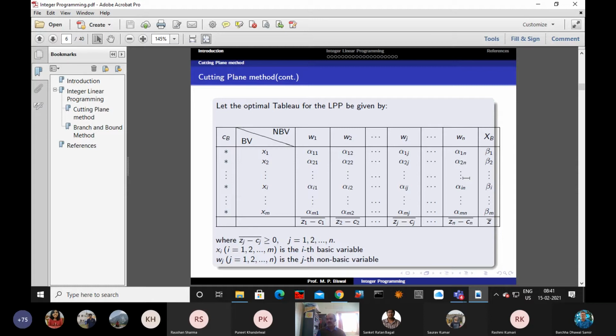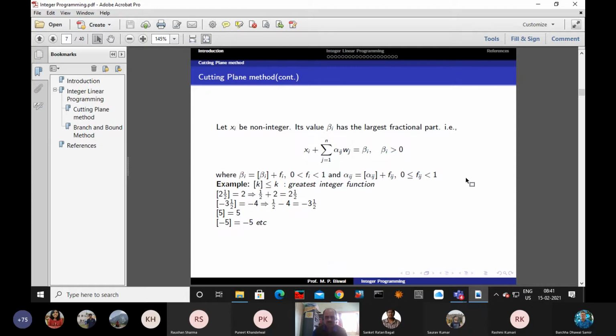One is 1/4, another is 1/3. 1/3 is better, so we will consider that one, and so on. So let xi be the non-integer variable, with value beta i, having the largest fractional part. That is, we write xi plus summation over j varies from 1 to n of alpha ij into wj equals beta i.